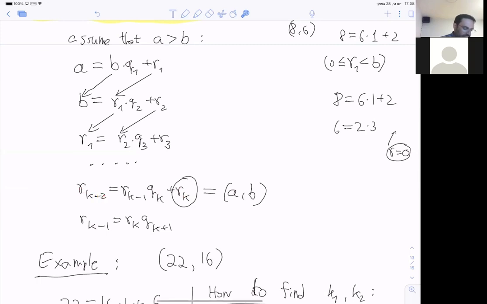And Rk divides also Rk minus 3, and etc. In this way, you show that Rk divides all remainders, including A and B.